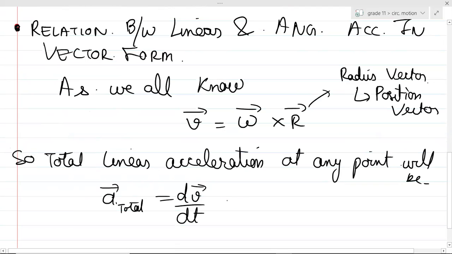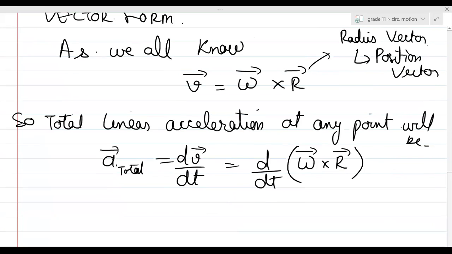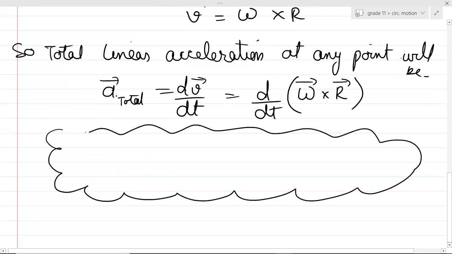Just differentiate the velocity with respect to t. So V I can write as omega cross r. And I don't know whether you remember this or not, but there was something called the product rule for differentiation.